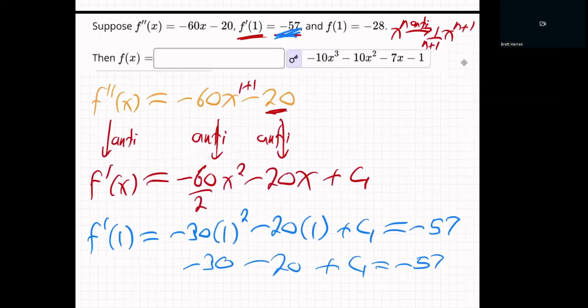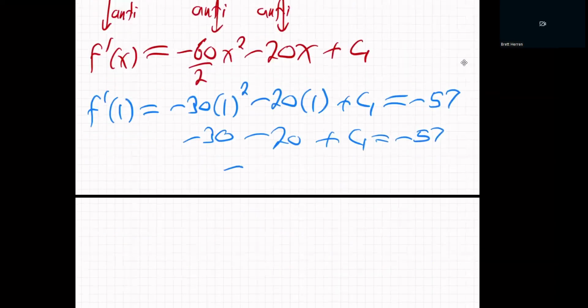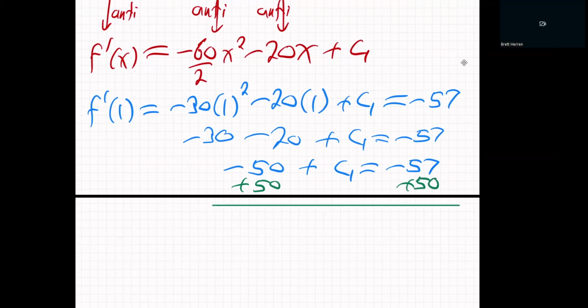And so now that is minus 50 plus constant 1 is minus 57. Add 50 to both sides. Boom, boom. Constant 1 is minus 7.